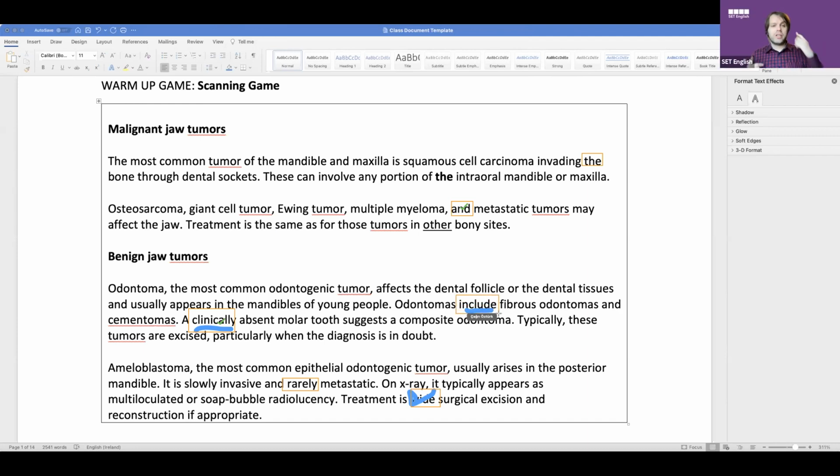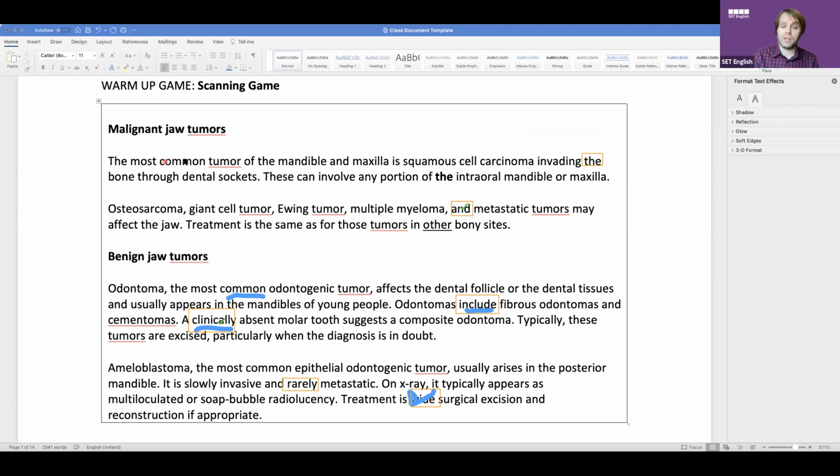Now we're going to change it to synonyms. So you're going to search for synonyms here really quickly in the exam, right? Let's imagine you're in the exam and your key word from the question is usual. 5, 4, 3, 2, 1. Common. Yeah, common. Right, that's a synonym of usual.